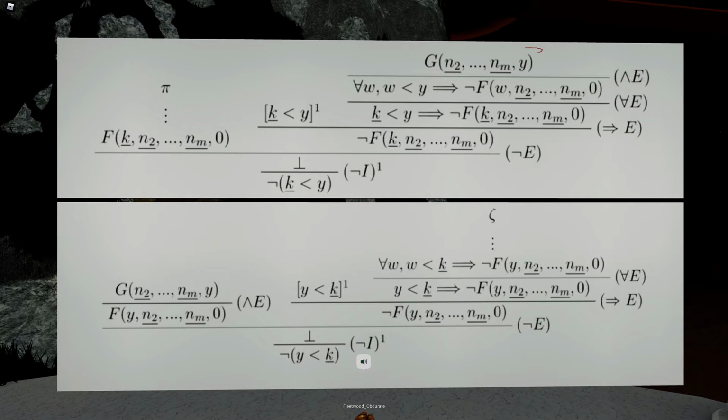What's happening here is I'm starting with this assumption g of n2 bar up to nm bar y, and I just use conjunction elimination in order to get down to this statement. Once I'm there, I can use for all elimination with the particular substitution of w for k bar, and we just get this statement. And the point now is that if I was able to prove that k bar is less than y, then I can use implication elimination and derive this statement.